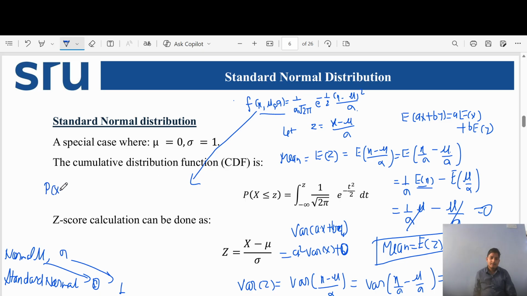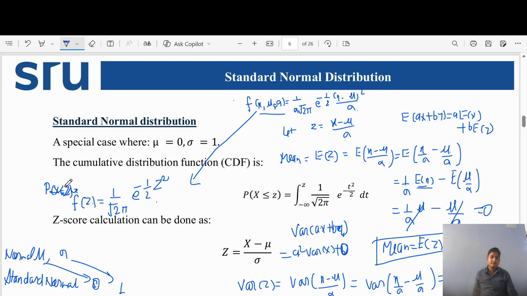P of x less than or equal to, we just write x less than or equal to z. So we write it as z, f of z is 1 upon root 2 pi e to the power minus 1 by 2 of x minus mu whole square, which means z square.